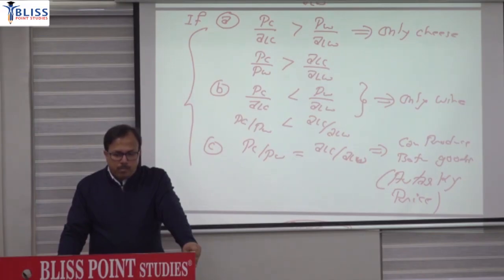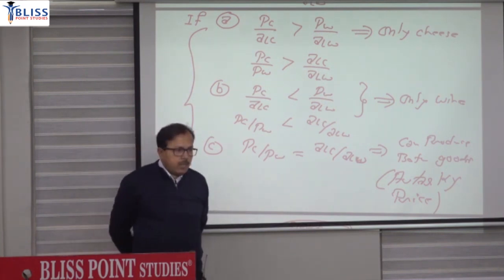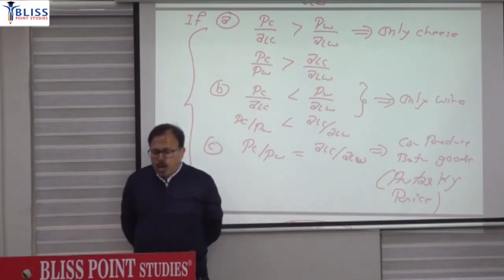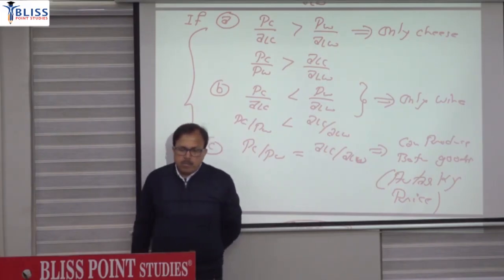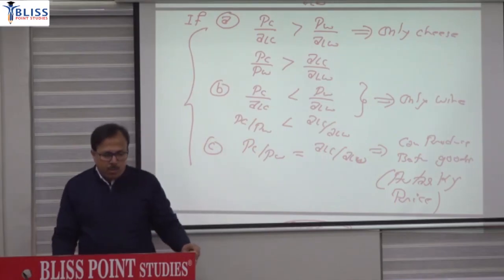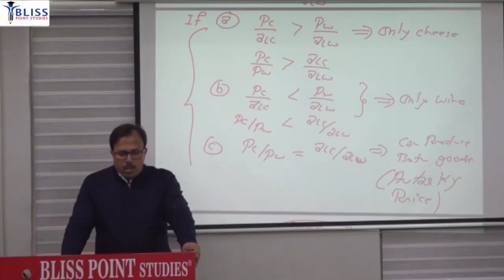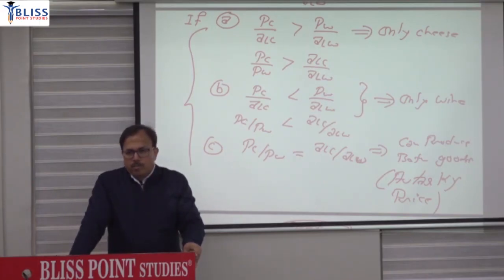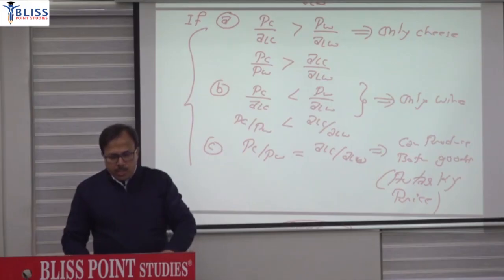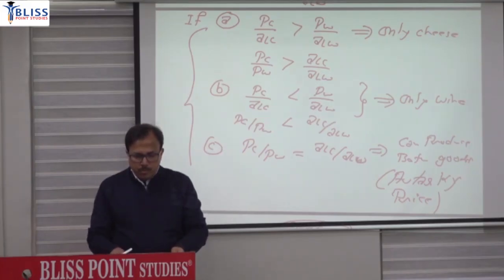For that purpose, it is required that the relative price of goods must be equal to the opportunity cost of producing that good.